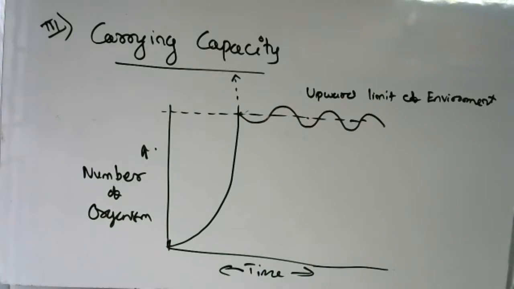There is a competition between members of the same population for food, and decrease in the food supply per organism reduces the number of offsprings and their survival.